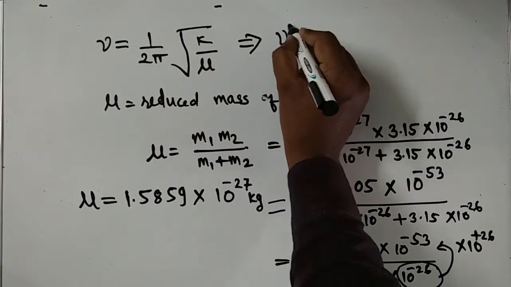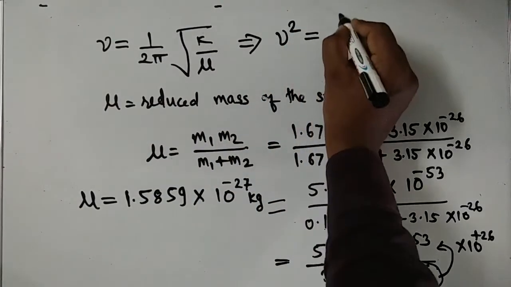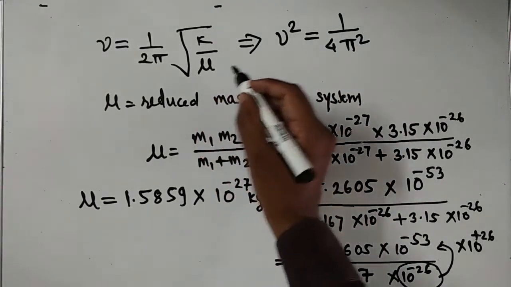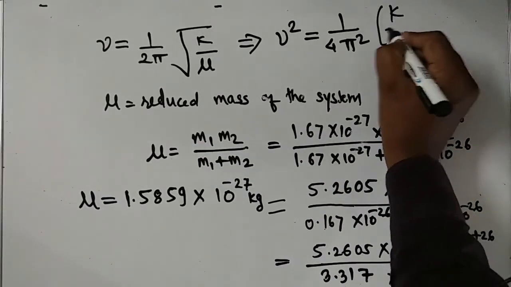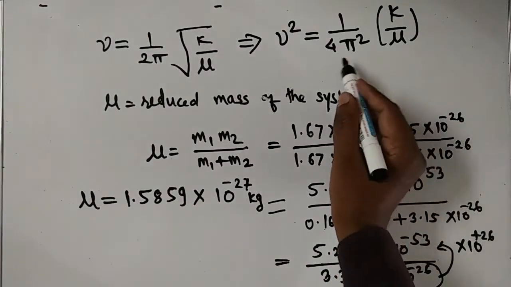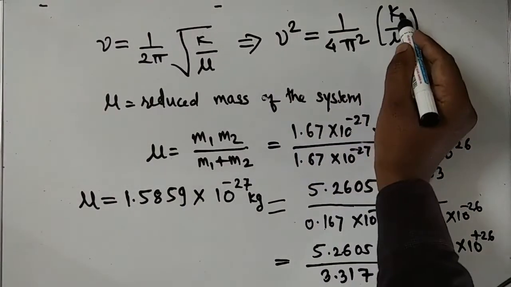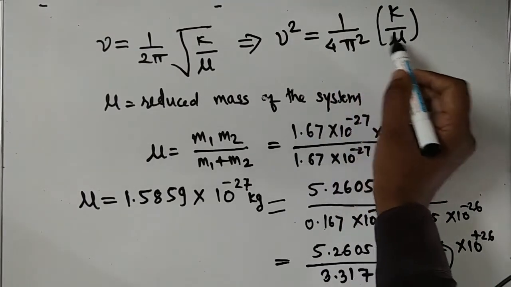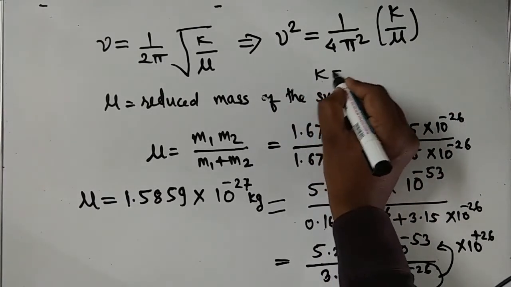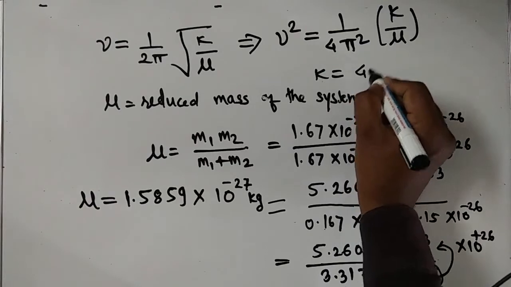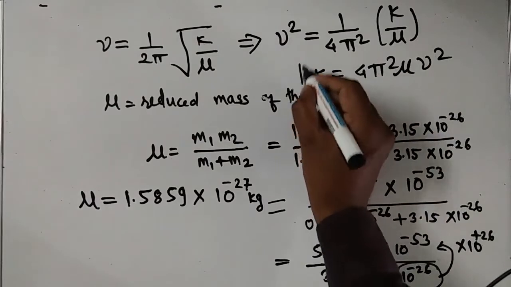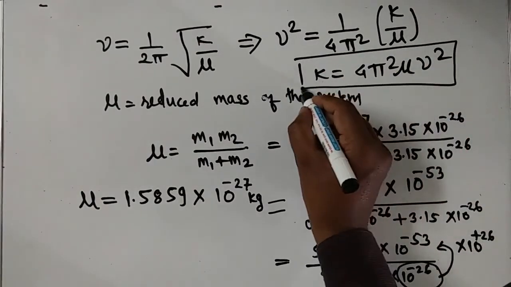If I square it, nu square is equal to 1 upon 4 pi square into k upon mu. Now I can take all these terms on this side: if I multiply the 4 pi square mu term on this side, I will get k on the other side. So I will write k is equal to 4 pi square mu into nu square. So this is the formula for k.